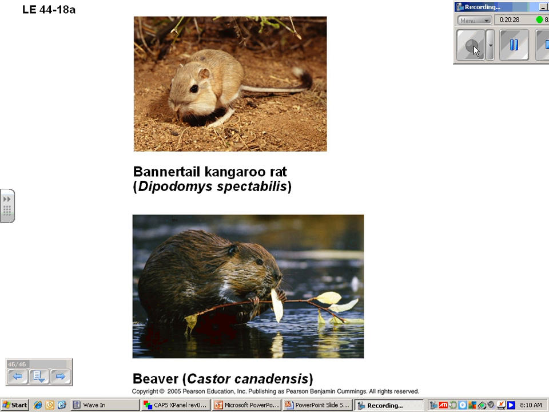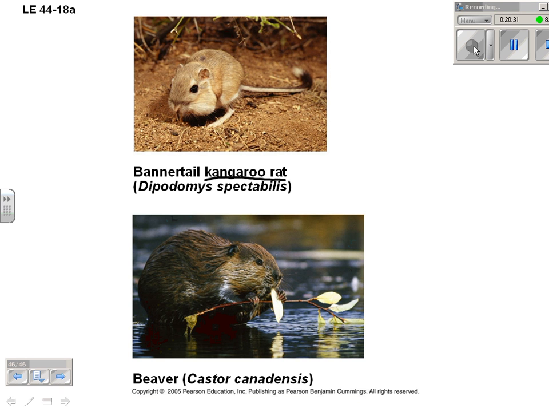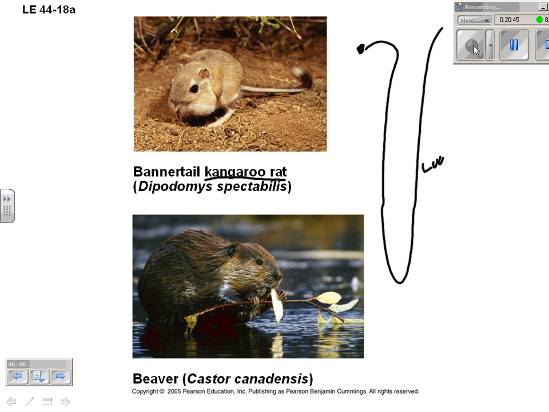So one adaptation would be something like a kangaroo rat, which we like using as our example. Because they live in the desert and they want to conserve water, they want to put water back in their blood, its kidneys have this super long loop of Henle.